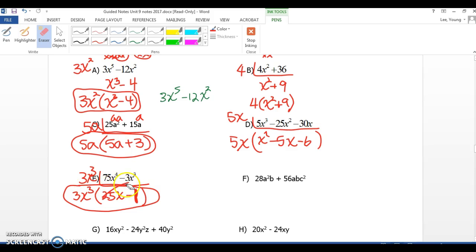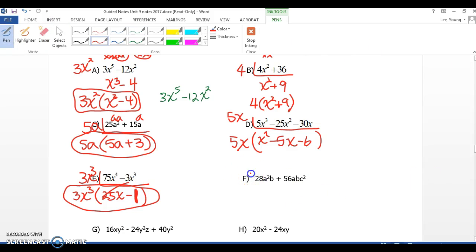When you divide by 3x to the 3rd power as a common factor, 3x cubed divided by 3x cubed, then you have 1 as a factor. So make sure you put that 1. Sometimes people tend to say 3x cubed divided by 3x cubed is nothing, but you gotta bring down that 1. Alright? So now let's try F.